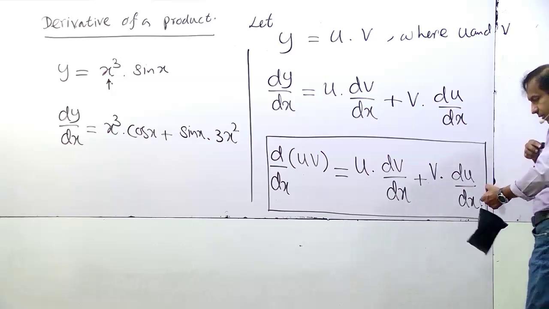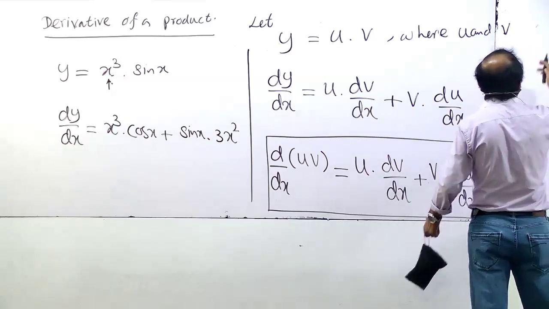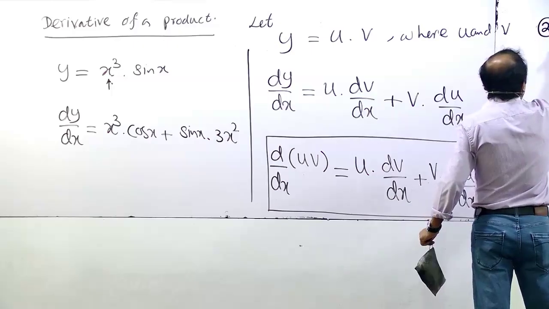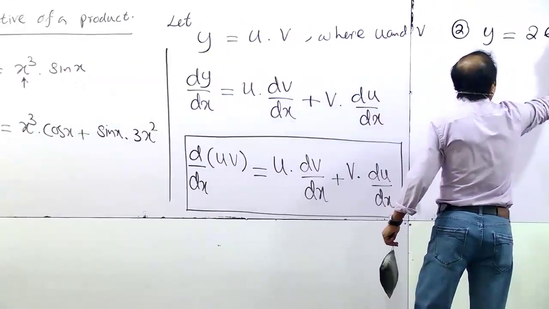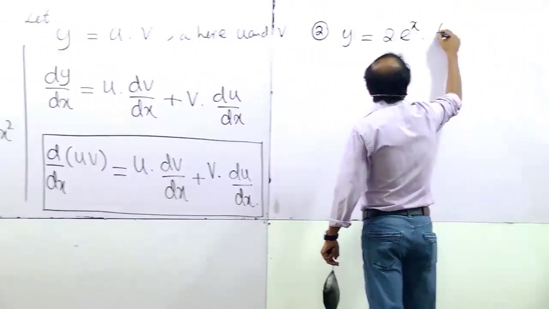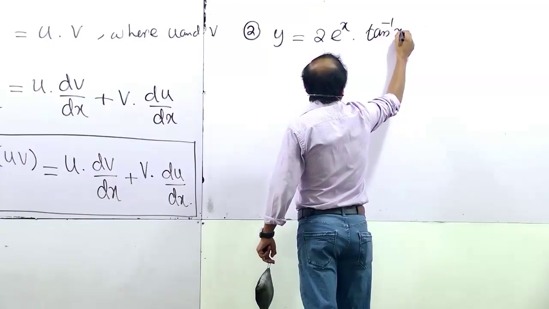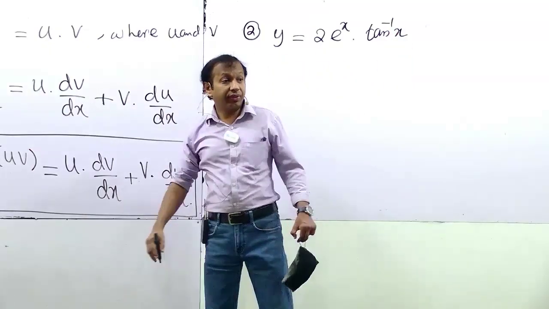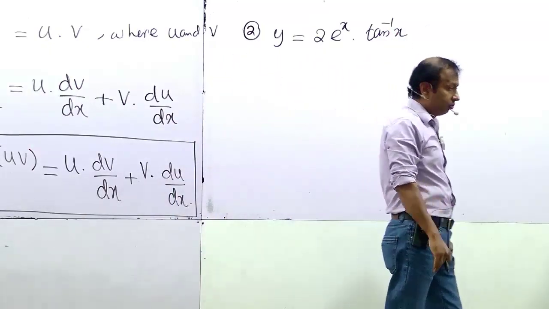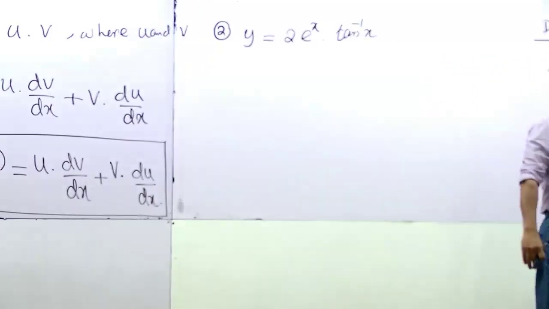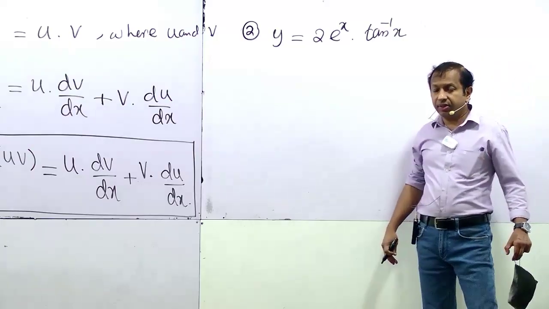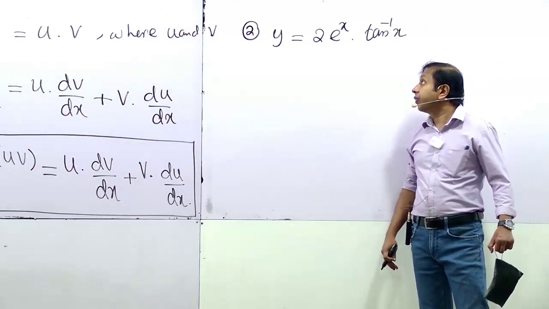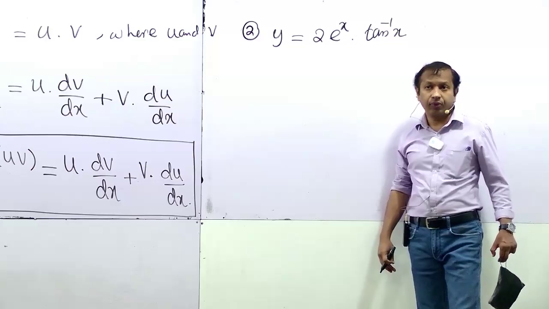Okay, second example, this number 2. y equals 2 times e^x tan inverse x. Now, we can consider this right hand side this way.